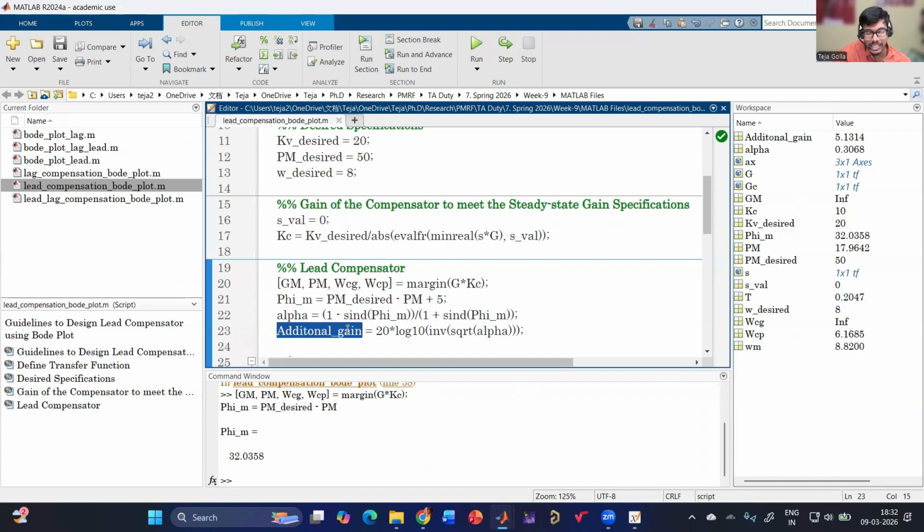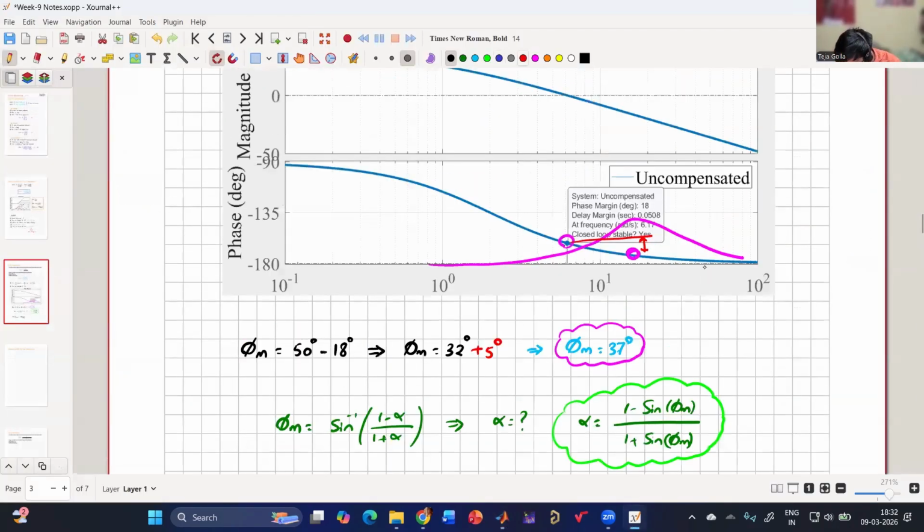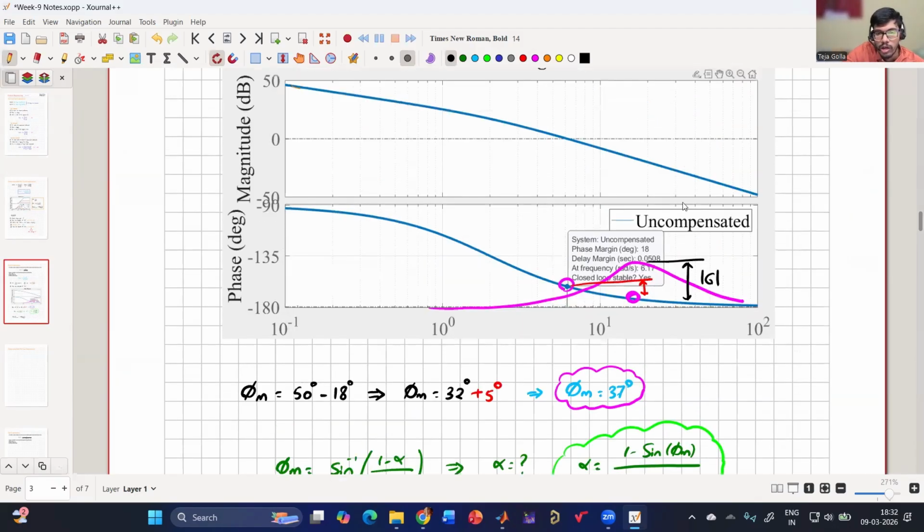So now if I get this additional gain that the compensator is providing, what I have to do, let me go back here. Say this results in a certain magnitude, mod G. Now I have to find that point in the plant where I will have negative G, minus mod G. So I have to find that frequency where I will have the negative magnitude of what my compensator is providing.